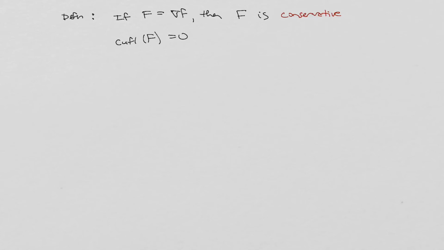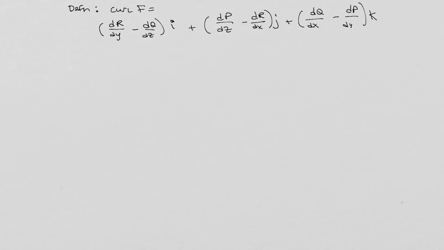Okay. All right. Let's do one more curl example, then we'll look at divergence. As a reminder, there is our definition for the curl. Let's use this particular vector field f.